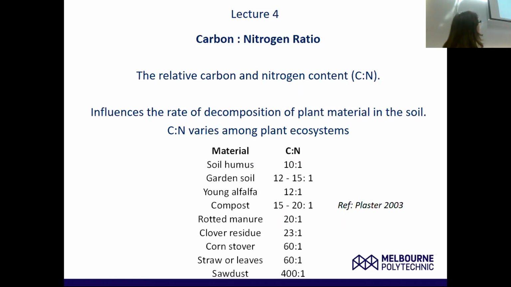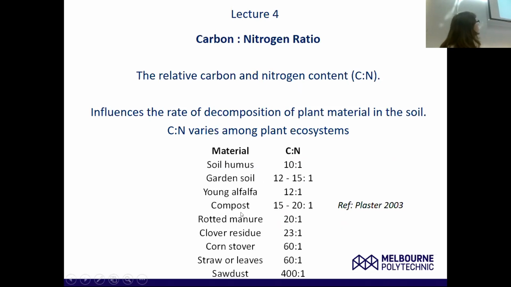And so the C:N ratio among plant ecosystems can vary. So we have a C:N ratio in soil humus of 10:1, which is quite ideal. In garden soil, depending on how much manure and compost you dig in, that can change to a 12:1 to 15:1 range. Here is an example of a young alfalfa soil. That's a soil grown with alfalfa.